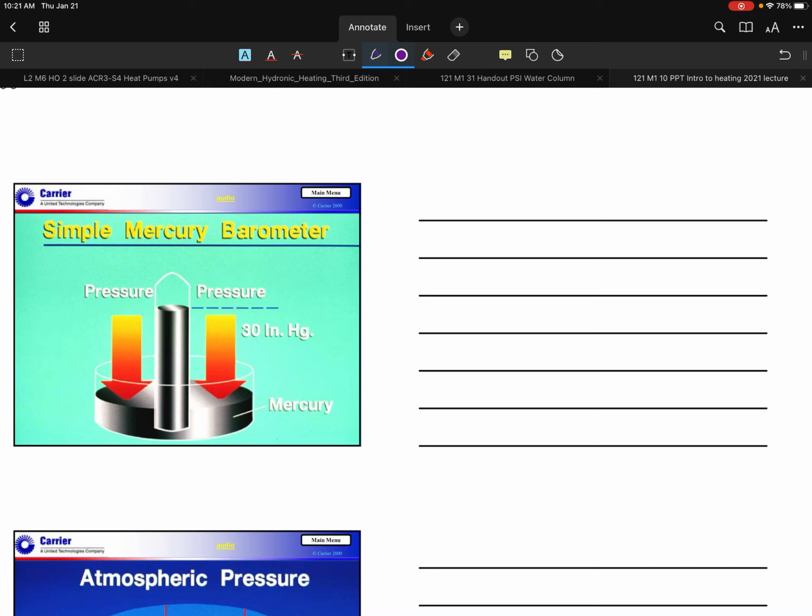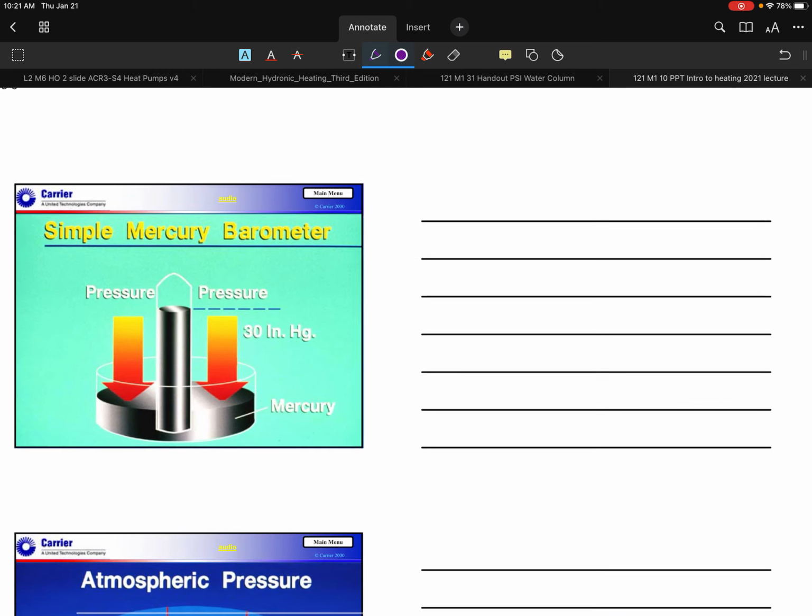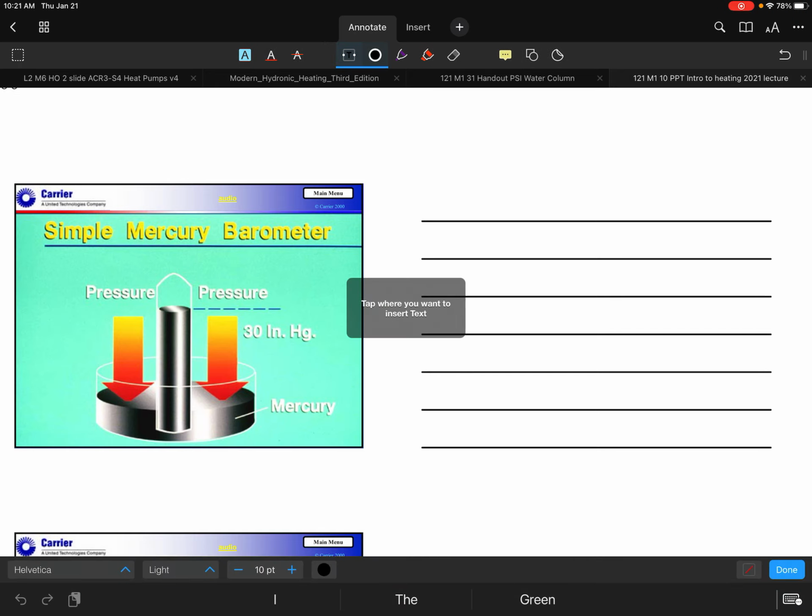As I had mentioned in the previous one, we typically talk about normal atmospheric pressure as 29.92 inches of mercury. It's typically about 30. So the picture showing 30, that's about what it ends up being.